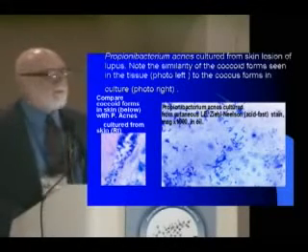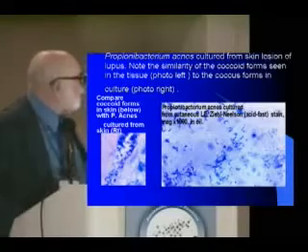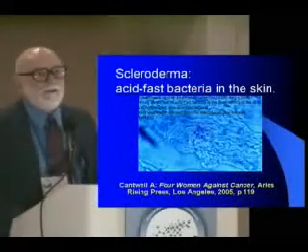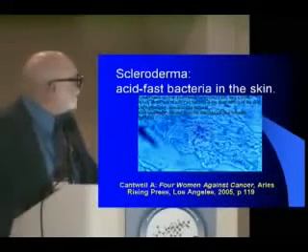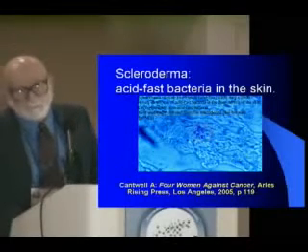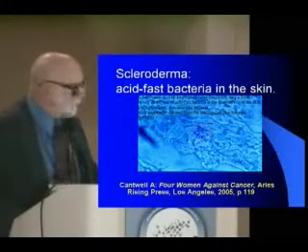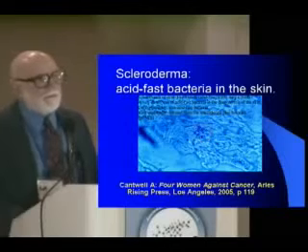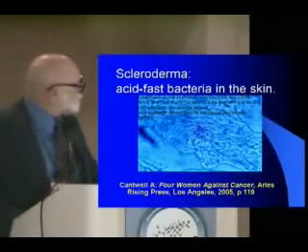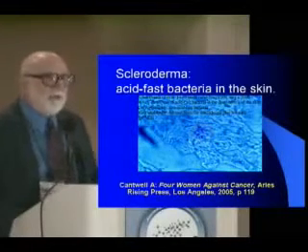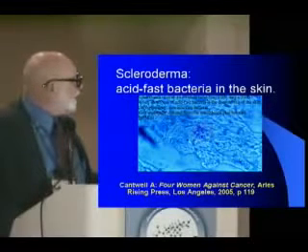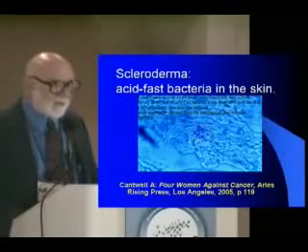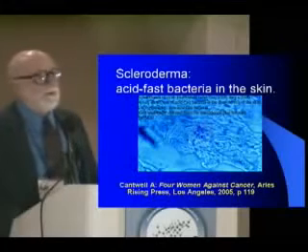Okay, now this is the disease that started my career. A disease called scleroderma, hardening of the skin, a collagen disease, a connective tissue disease, an autoimmune disease. And back in the 60s, I found, with the help of a technician, acid-fast bacteria in scleroderma.